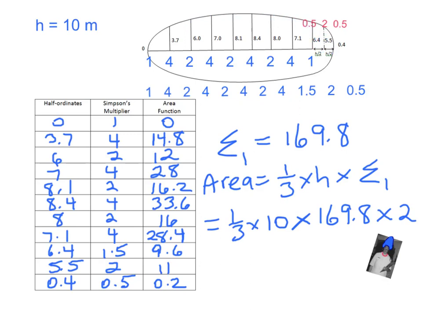So we use Simpson's first rule to get the first half of the waterplane area, then double it to get the total waterplane area. So our final answer is 1,132 meters squared.